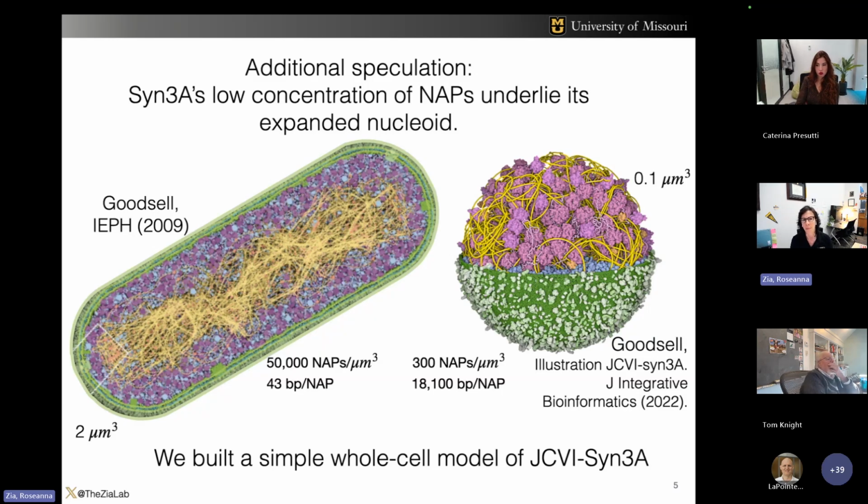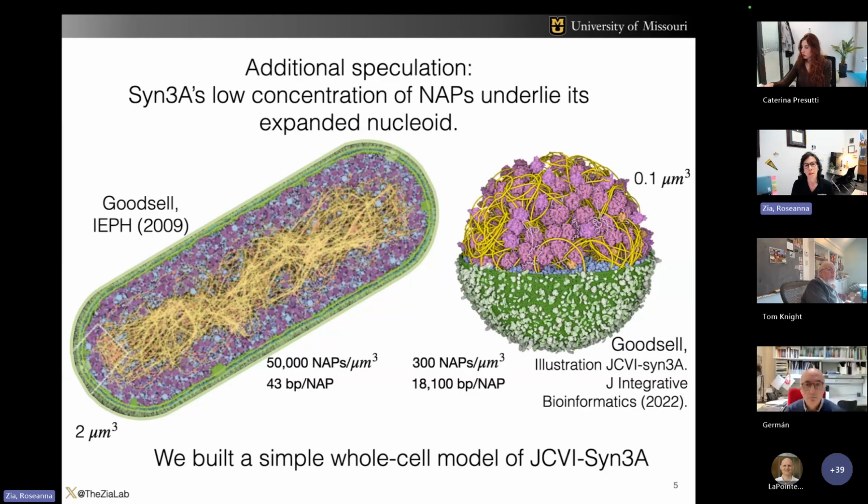So that's about 50,000 NAPs per cubic micron and 43 base pairs per NAP for E. coli, as compared to 300 NAPs per cubic micron and 18,100 base pairs per NAP for Syn3A. I didn't want to just say the raw numbers, but we can see that when you account for size and size of the genome, there's still a big disparity.